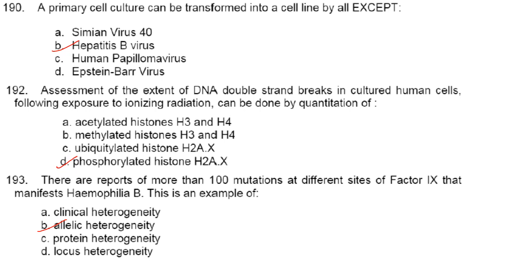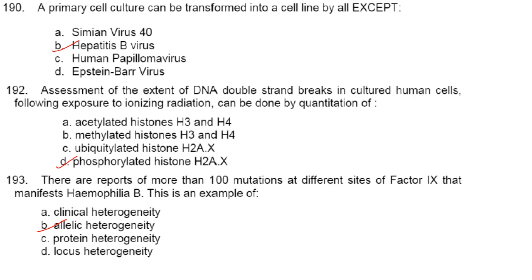Assessment of the extent of DNA double-strand break in cultured human cells following exposure to ionizing radiation can be done by quantitation of an immediate result of ionizing radiation exposure, the DNA double-stranded break, that can be detected with an antibody to gamma H2AX, a phosphorylated form of histone H2A variant, H2AX, which forms rapidly at the site of DNA double-stranded breaks.